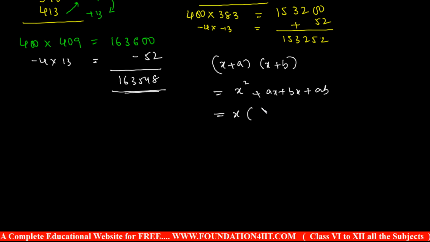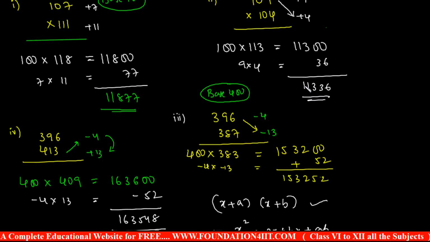From the first three terms, if we take x common, we get x into x plus a plus b, plus ab. So x is the base, 400 into x plus a plus b, 409. We multiply and add a into b. If it's plus and minus, then it's minus a into b. This formula is the concept applied here.